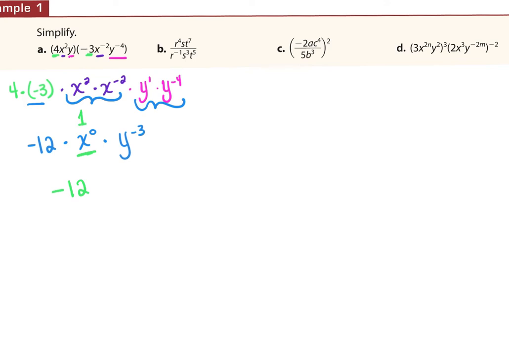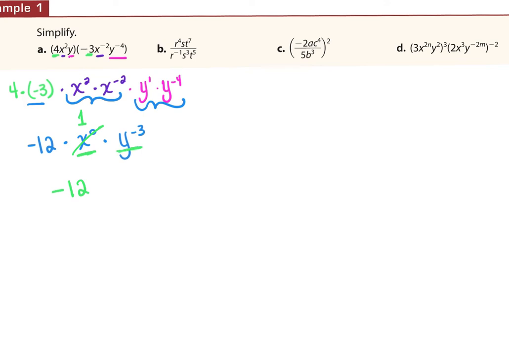I get -12, right? So he pretty much goes away if I'm doing multiplication. I'm multiplying by +1. It doesn't change my number, all right? The only time you really have to worry about it is if that is the only thing left in your numerator. Then you need to actually write +1. But I'm taking +1 and I'm multiplying by -12, so I can just say -12.